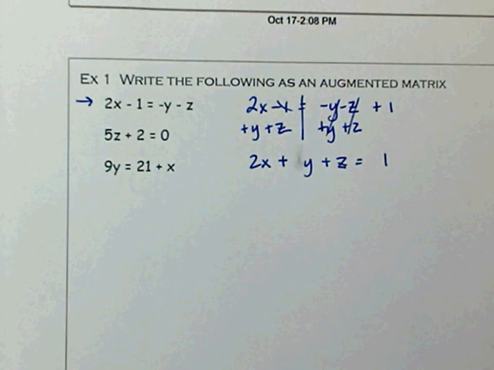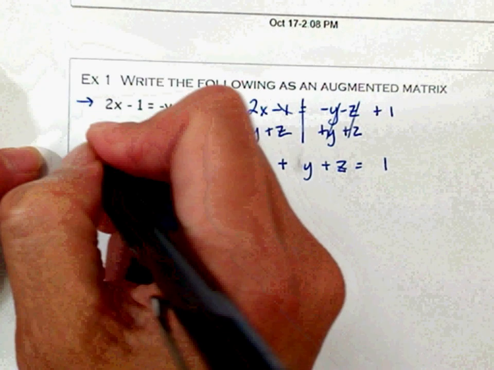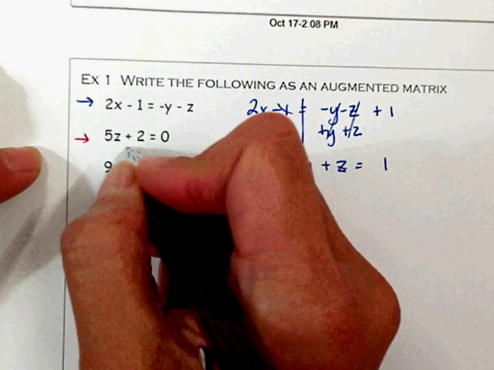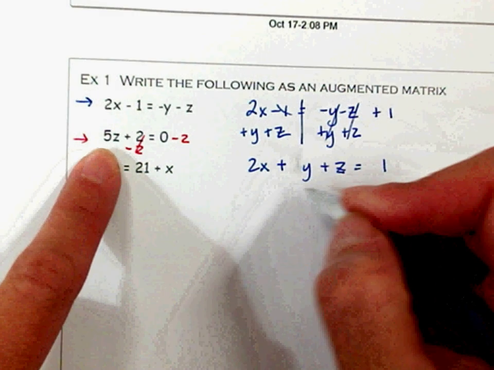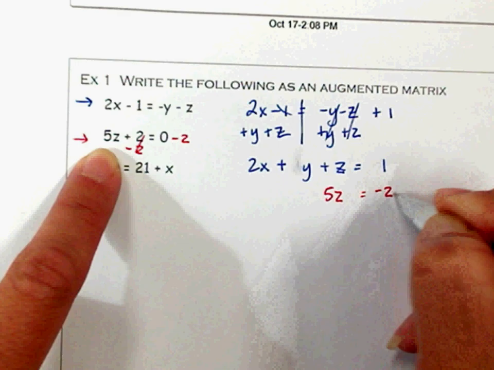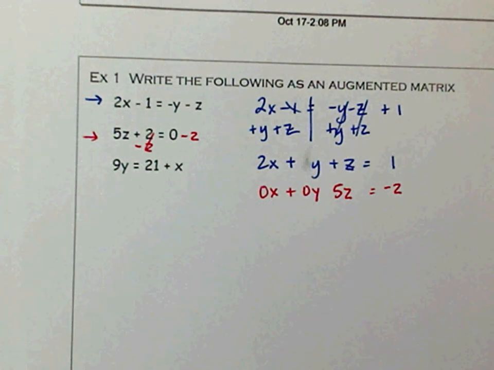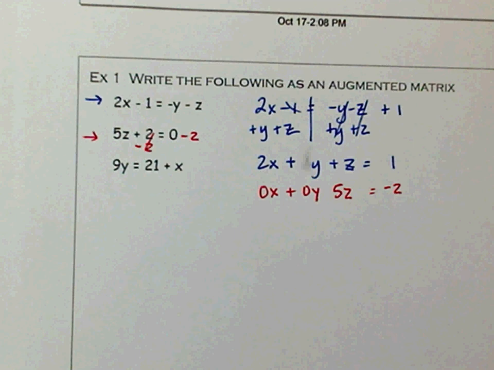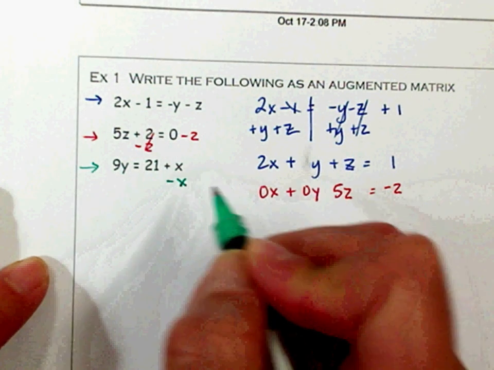Okay, let's do this second one. I have a number on the right. Let's move it to the left. Combine like terms. So now I have 5z equals -2, no x, no y. See how I just lined it all up? Okay, let's look at the third one. I'm going to move the x over. Cancel.